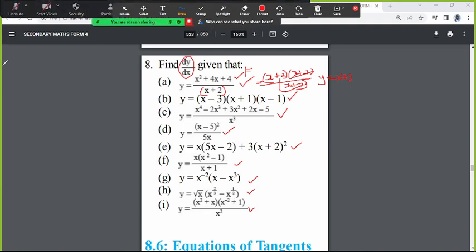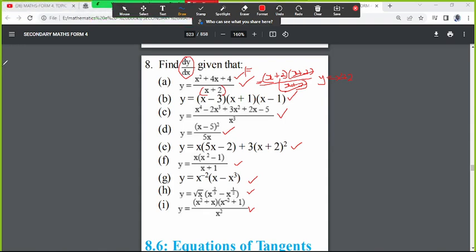So we have seen, think of a way that you are going to get a linear statement. B, you will expand before you differentiate. 3, separate the terms before you differentiate.